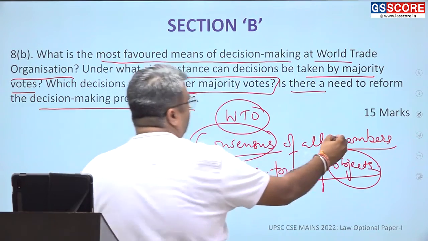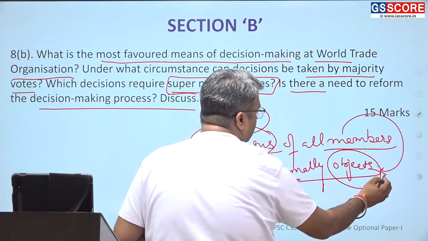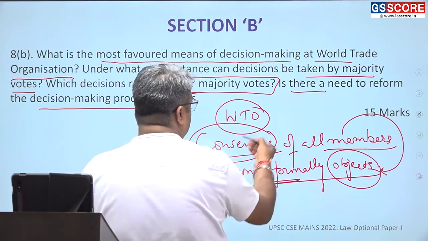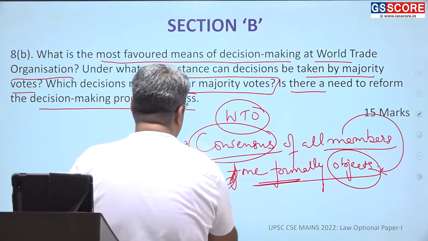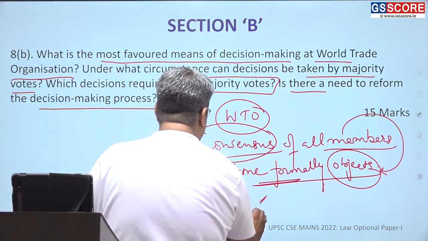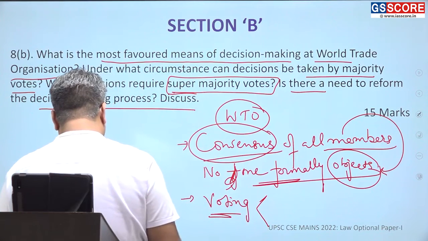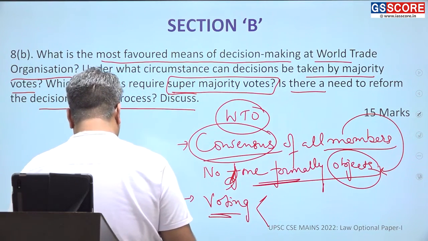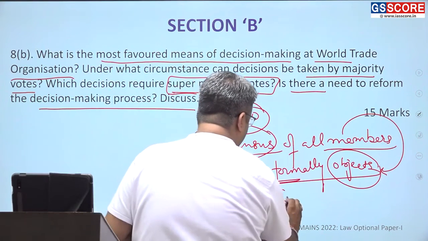So generally other members try to pacify that country, and if that country does not agree with this decision, in such a case we have to go with the voting. We have to go with the voting. And the voting is of two types, you can say. Generally, the voting actually happens by simple majority.